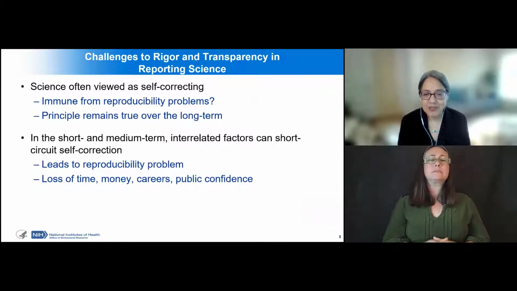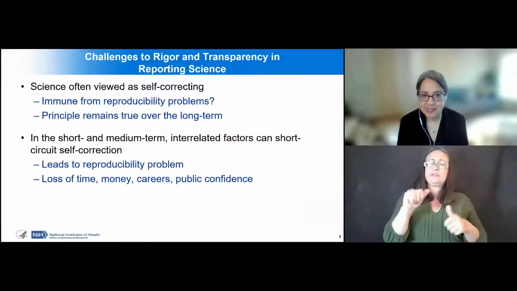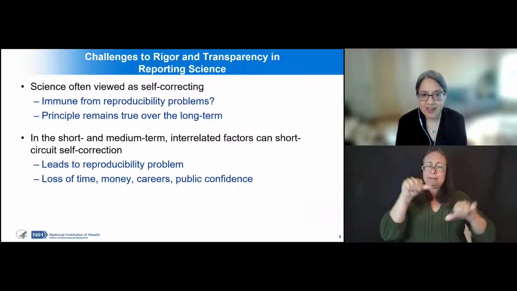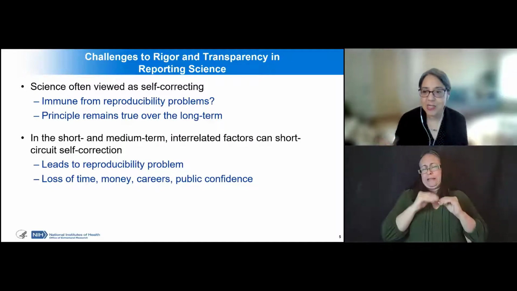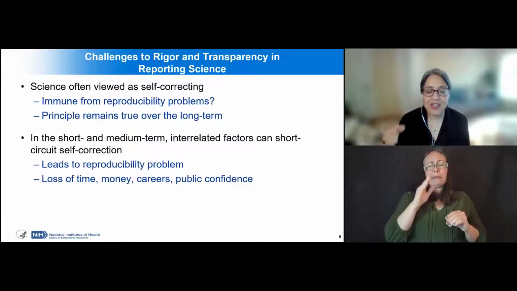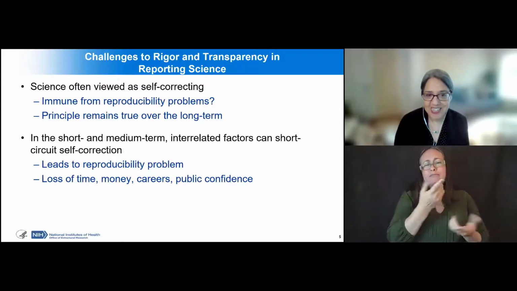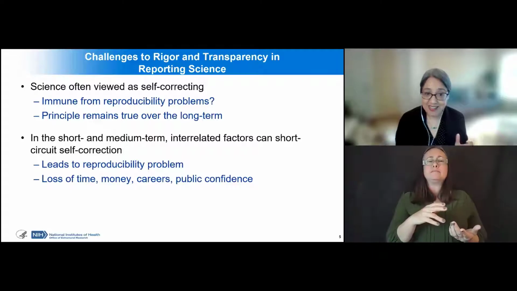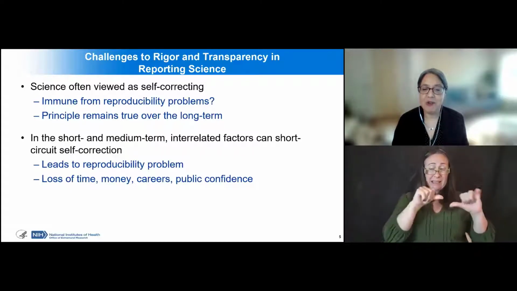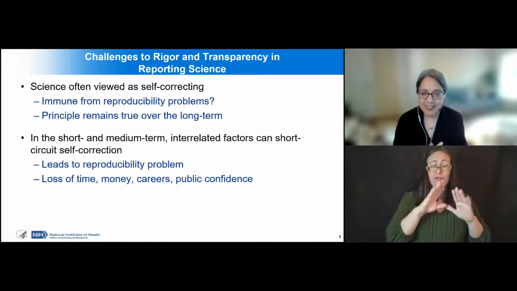Now, there are challenges to rigor and transparency in reporting science. We often think of science as being self-correcting, so eventually we'll get to the correct piece of data or the correct information. Does that mean that science is immune from reproducibility problems? Probably not.